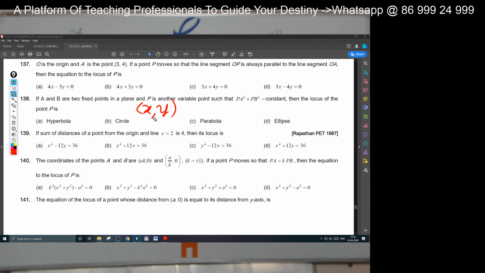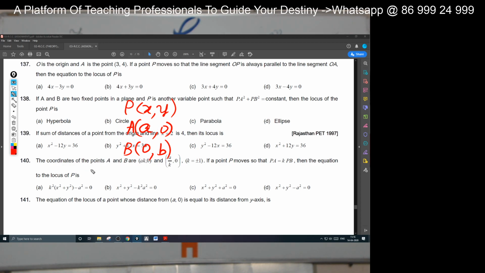Let A be some a comma 0. You can take as you like for the comfort. B be 0 comma b. It comes under a theoretical problem because no points are mentioned there. We are taking two fixed points, A(a,0) and B(0,b).